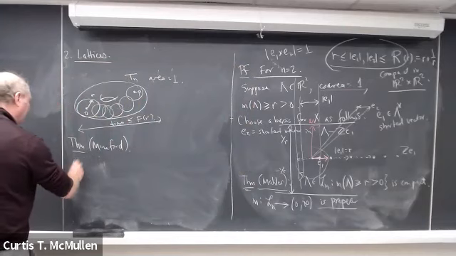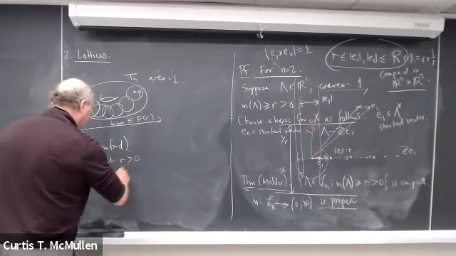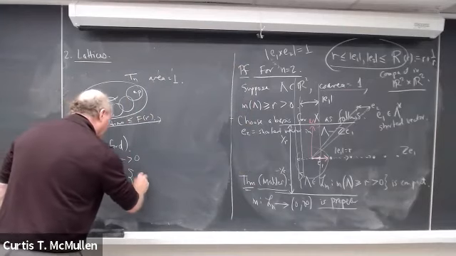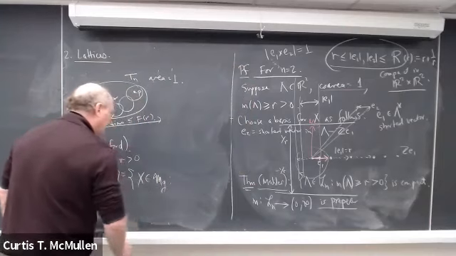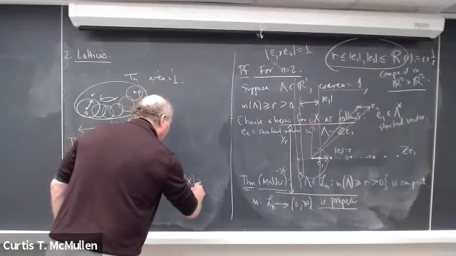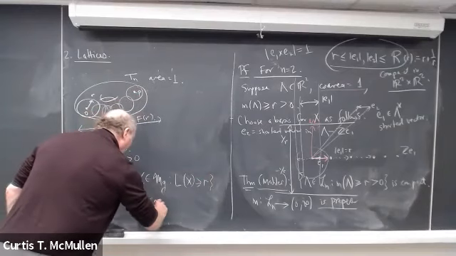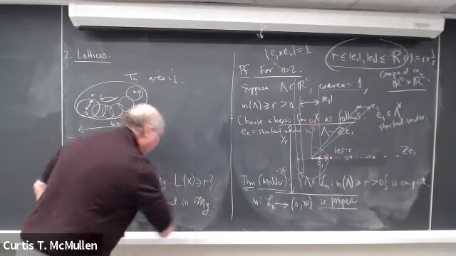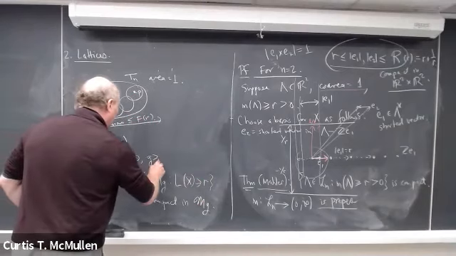It says for each r greater than 0, M_g(r), which is the set of hyperbolic surfaces of genus g such that the length of the shortest geodesic on X is greater than or equal to r, is compact in the moduli space of Riemann surfaces of genus g. And of course, here g is greater than or equal to 2.